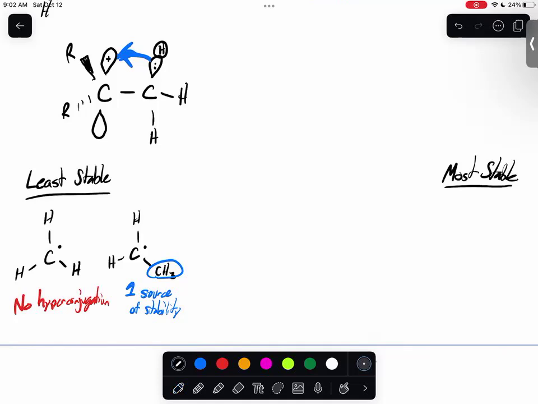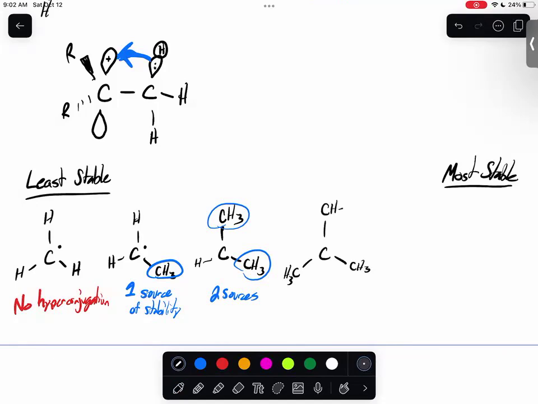Now, that being said, it's a little better if there are two CH3s attached, right? Because that is two sources, and it's even better if there are three CH3s attached, right? Because that is now three sources of stability. But none of these are better than if you were to have resonance, right? And the more resonance, the better.